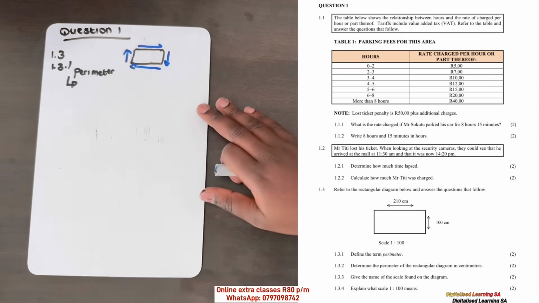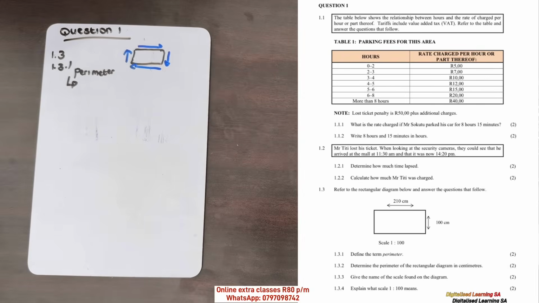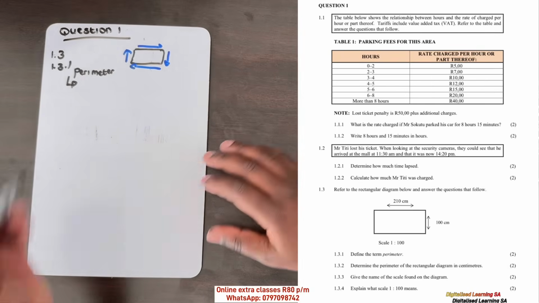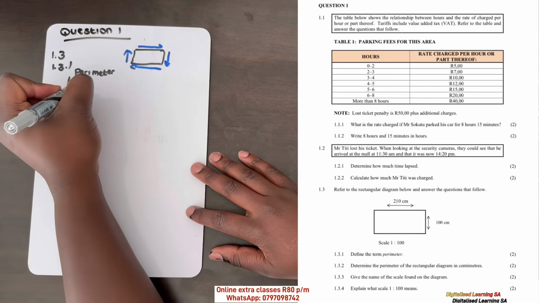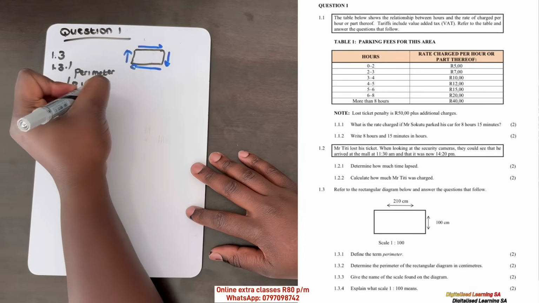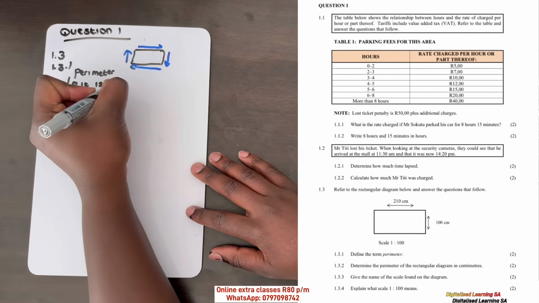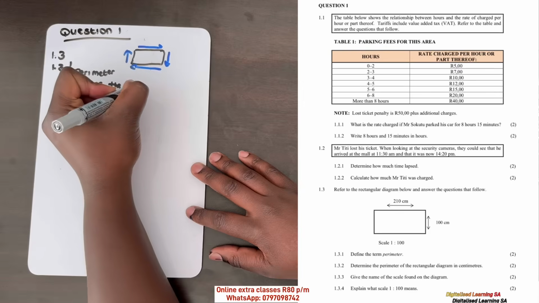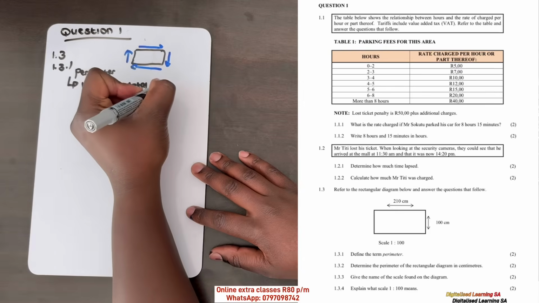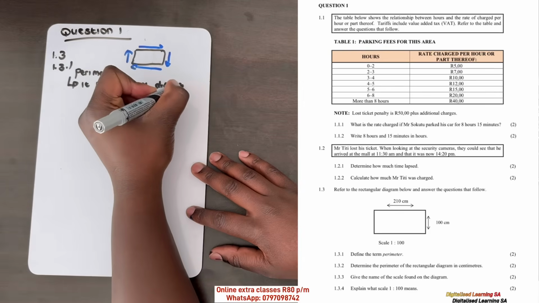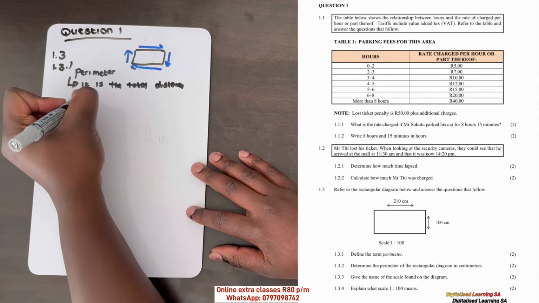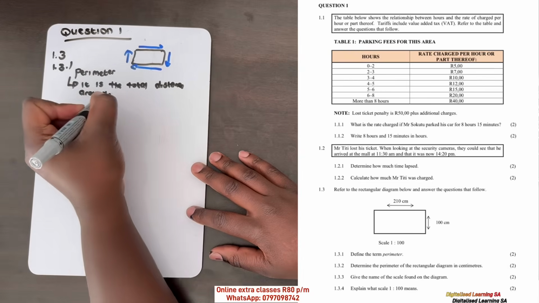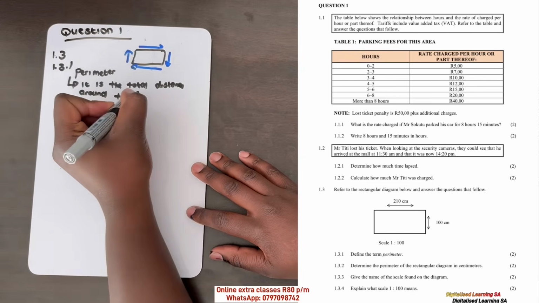So this will be our perimeter. So it is the total distance around the shape.